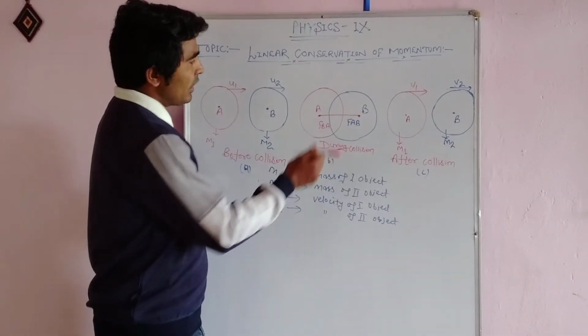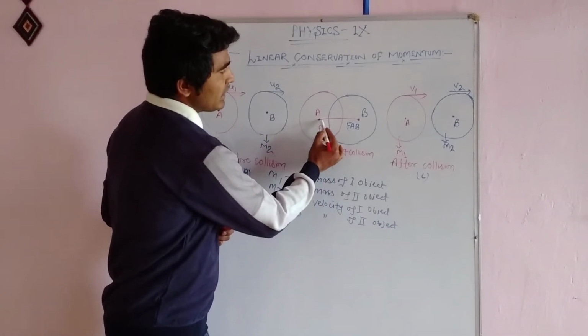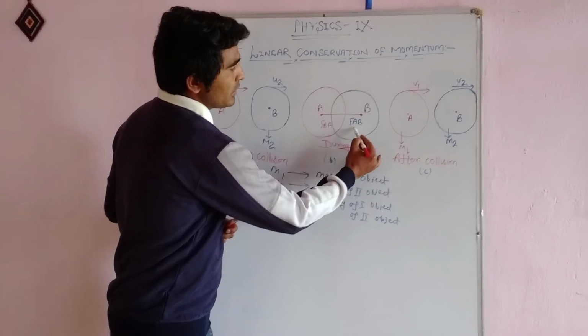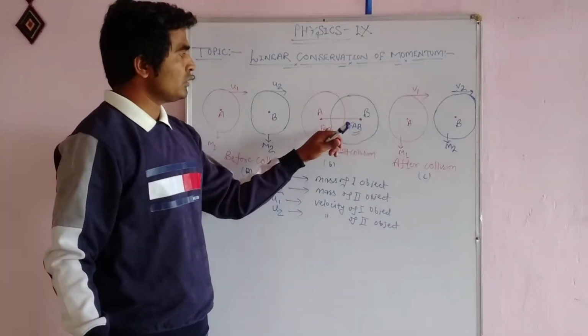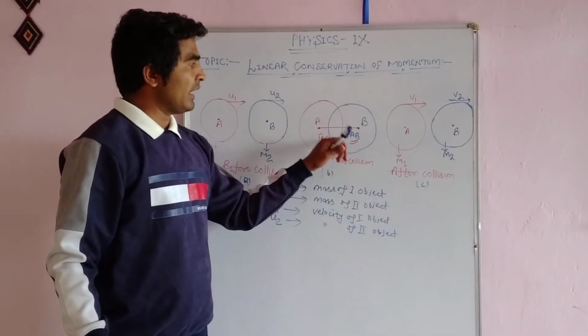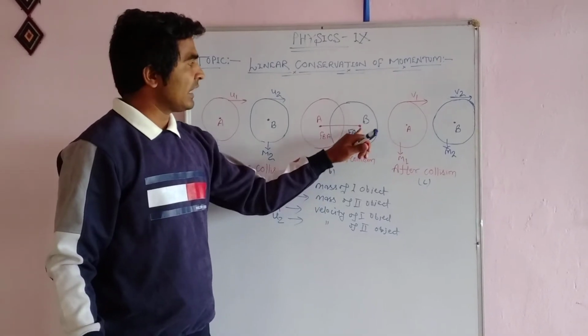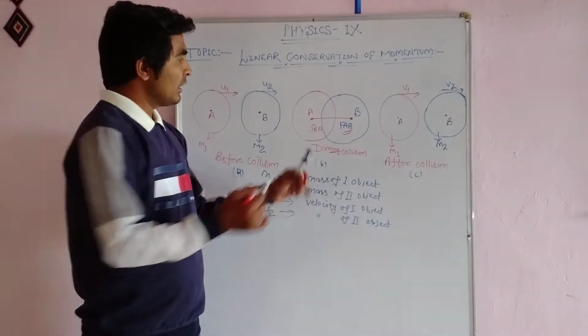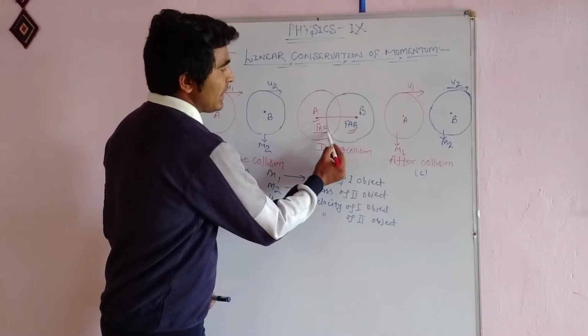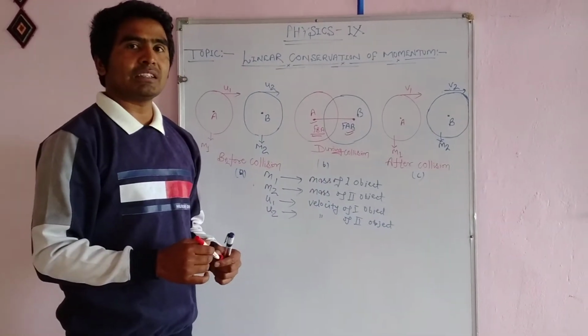So in this case, the first object applies force to the second object, that is FAB, force exerted by A on B, and the second object will apply the same force on the first object, that is FBA, in the opposite direction.